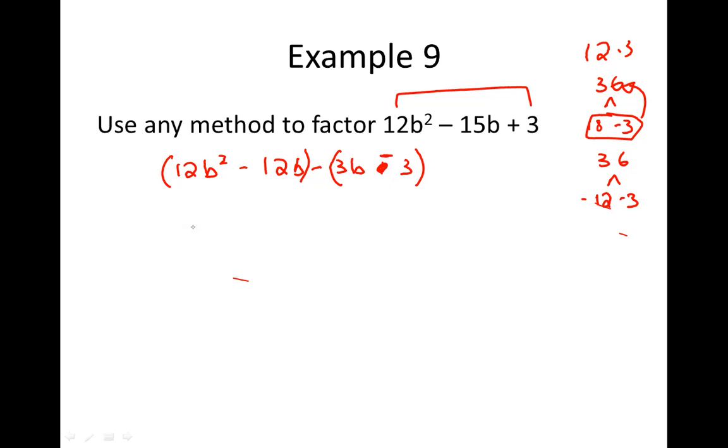So pull out your 12b. I'm left with b squared minus 1. And then pull out a 3. And you're left with b minus 1. Oop, little error here.